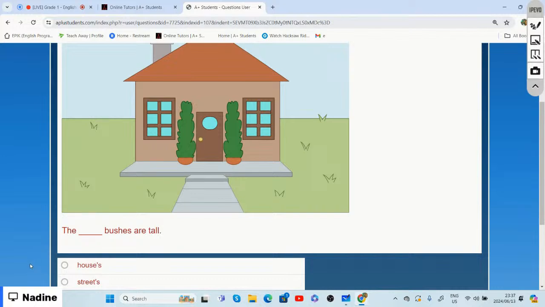Whose bushes are tall? Look at the picture. What do you see?